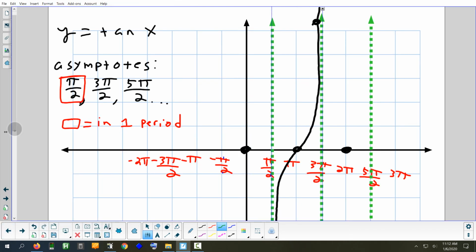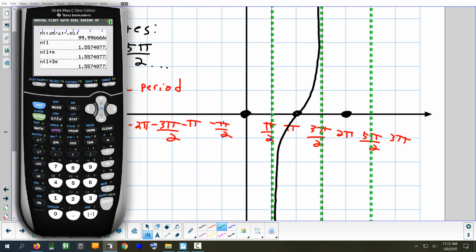All it does is put you in the exact same spot in a different cycle. You can add pi, you can subtract pi. Just like in sine and cosine, you can add 360, you could minus 360. If I said to you, what's the sine of 370? It's the same as the sine of 10. You're just in a different cycle, but the same relative spot.